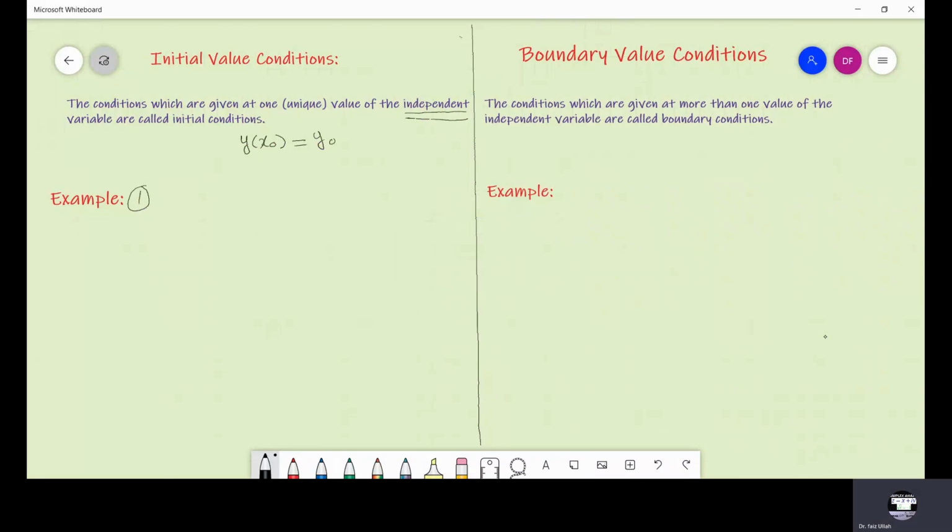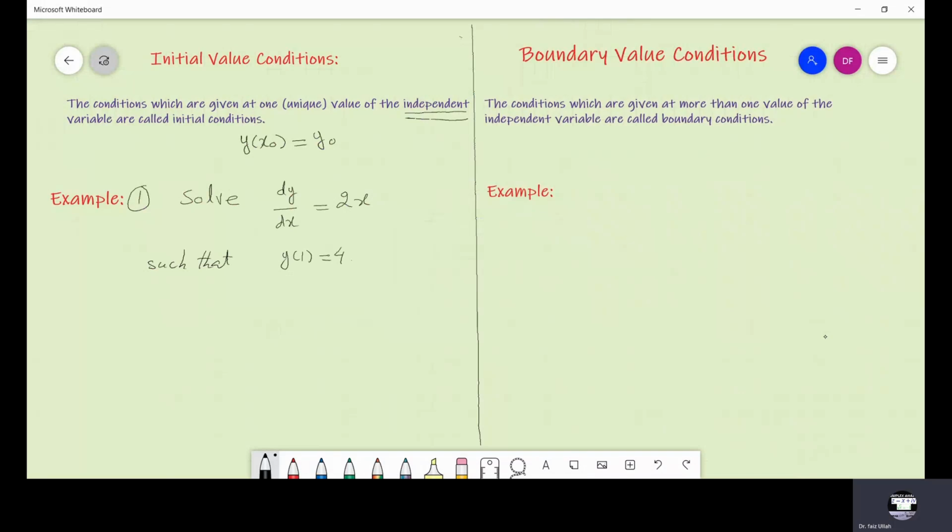In example number 1, we have a problem. Solve the ordinary differential equation dy by dx is equal to 2x such that y of 1 is equal to 4.